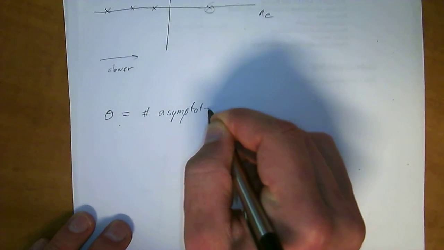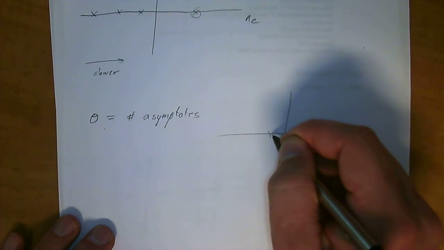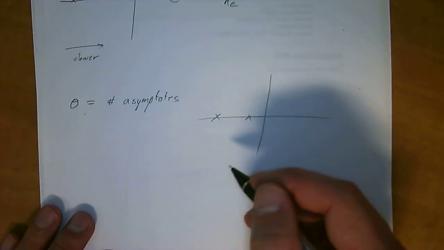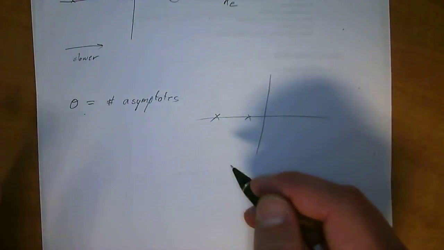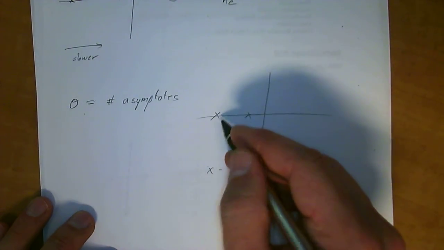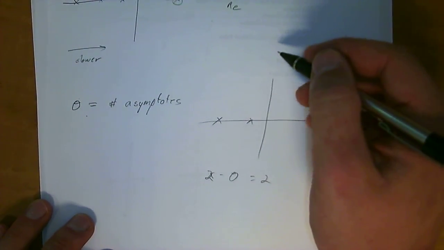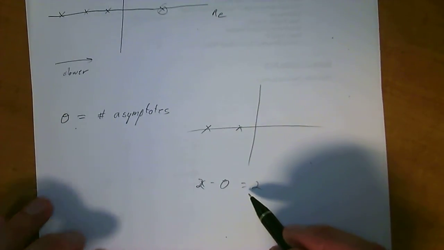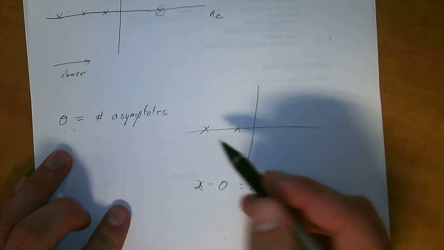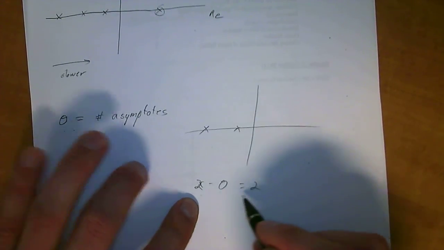That makes sense because if you have something like this with an x and an x, the number of zeros you need off at infinity is the number of poles, which is 2, minus 0, which is equal to 2. So you need 2 zeros off at infinity, the number of asymptotes is 2, and the number of angles you need is also 2. You have to have at least 2 angles.